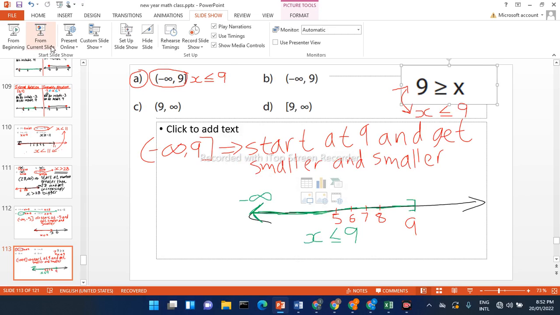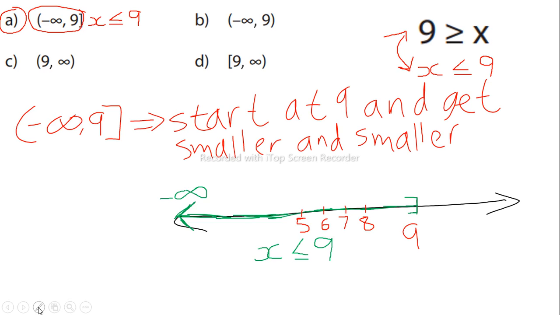But before we do that, notice that the other ones could not work, because this is saying do not include 9, but here we want to include 9, so we cannot use that one. This one also says do not include 9, so this does not work.